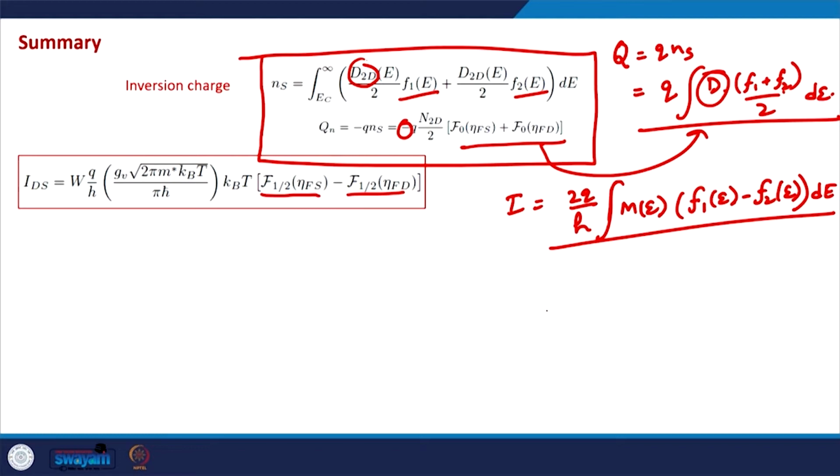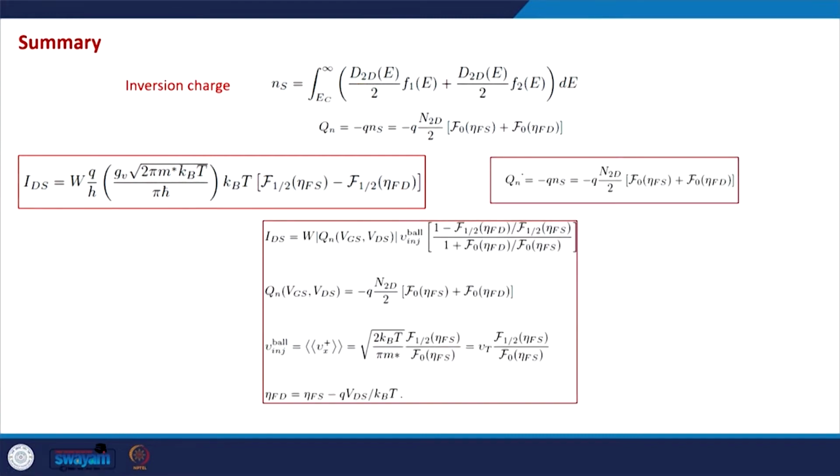A Fermi-Dirac integral of order plus half is obtained when we have square root of E times the Fermi function in the integral. So this is the current expression that we obtain, and the charge expression is this. If we try to understand this in our more general form of the current expression, I is equal to W times Qn times average velocity.